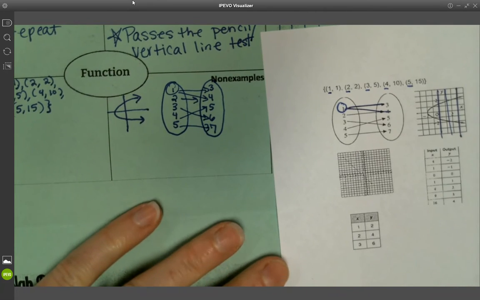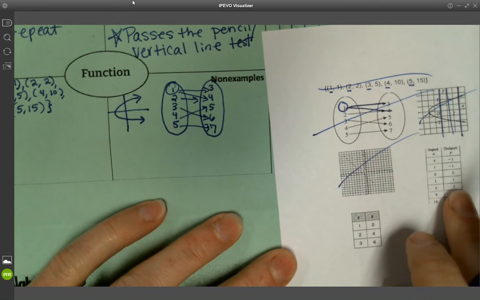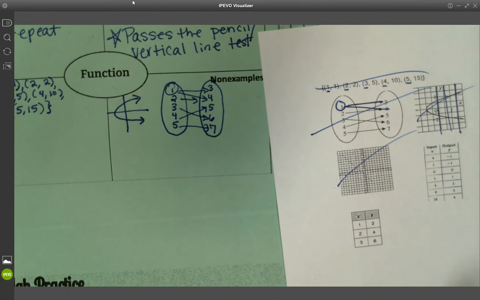Okay, and then, so we've done this one, this one, this one, this one. Okay, so now we're on the 2 tables. So I want you to look at the 2 tables, decide which one is a function. Don't say it out loud. And draw it on the example side if it's a function.